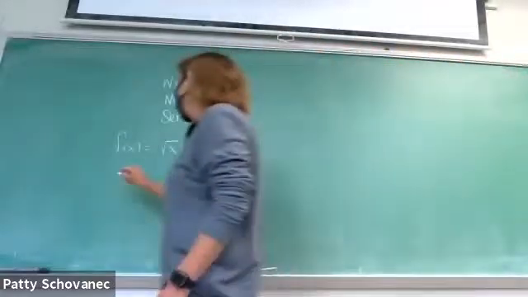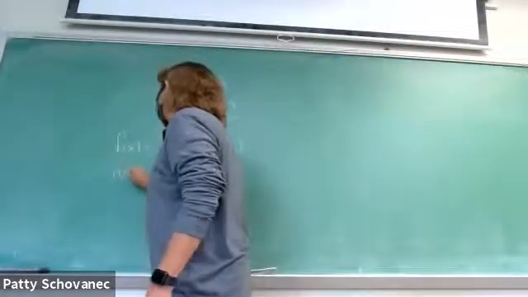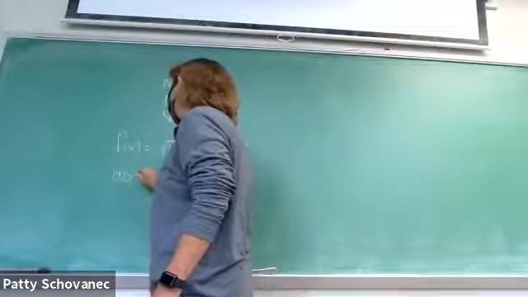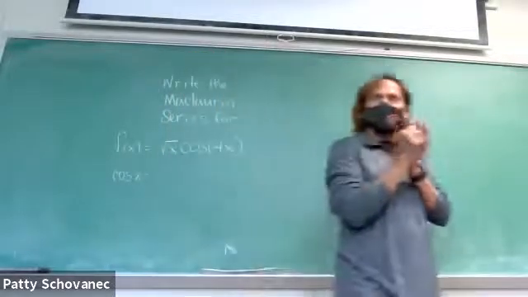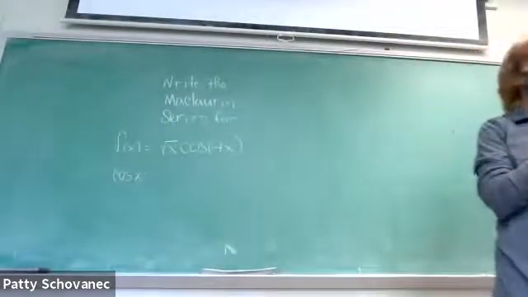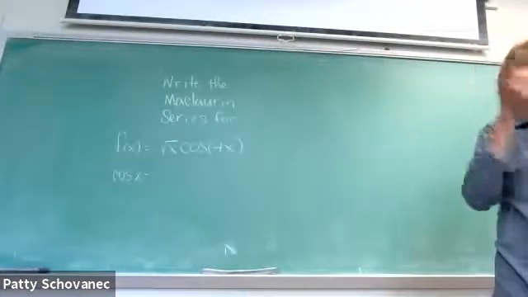So suppose we write the power series for the cosine of x. Remember that was the even function and it alternated. Let's see if any of you have it in your mind.